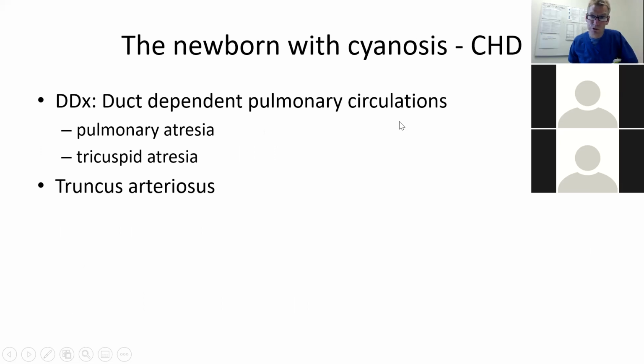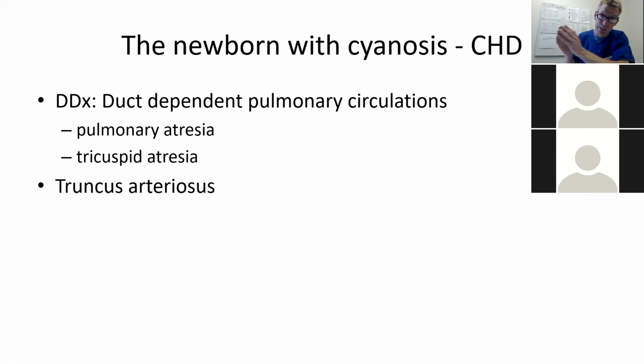There's a couple of other forms of congenital heart disease that give you cyanosis, particularly pulmonary atresia or tricuspid atresia. But remember, these are all causes whereby there's obstruction to the right ventricular outflow tract, either at the pulmonary artery or at the tricuspid valve. It's doing the same thing as what we talked about last week on the left side of the heart, where you've got left ventricular outflow tract obstruction, either at the level of the aortic valve or the left ventricle or the mitral valve or the aorta.